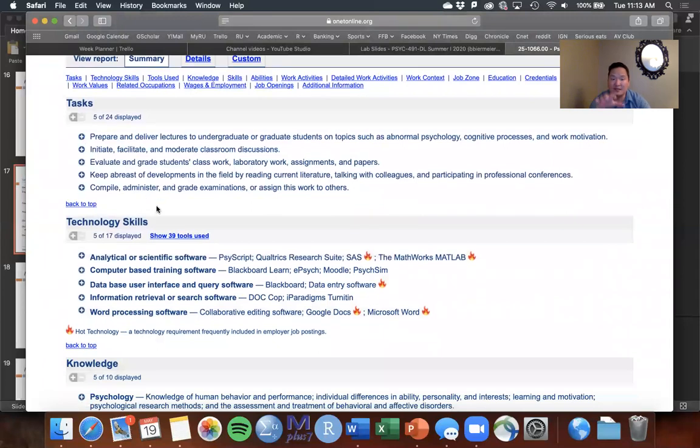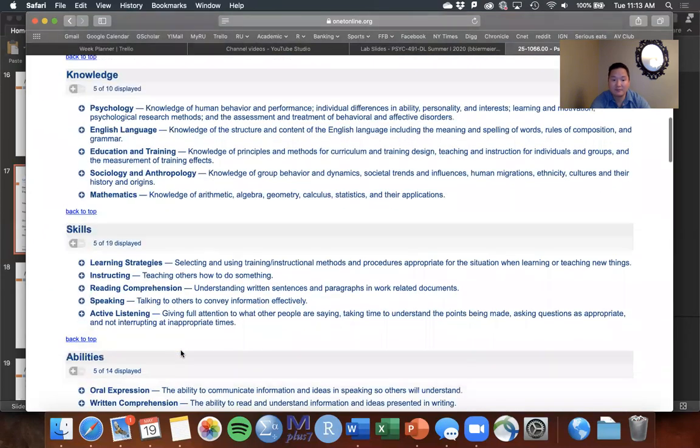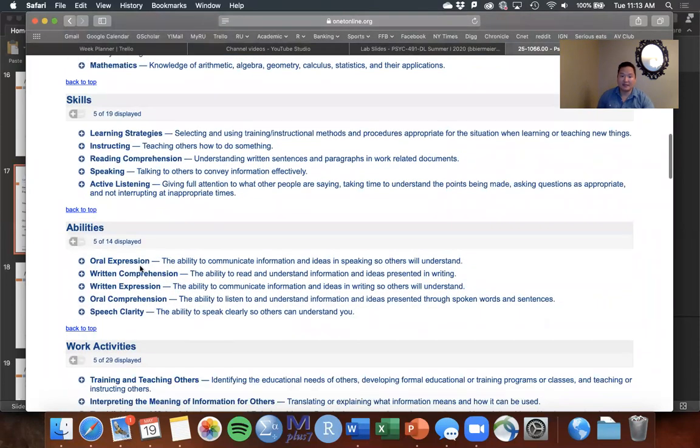Beyond listing just the tasks, they have knowledge. Psychology, English language, education and training, mathematics, skills, learning strategies, instructing, reading comprehension, speaking, active listening, abilities, oral expression, written comprehension, and so on.